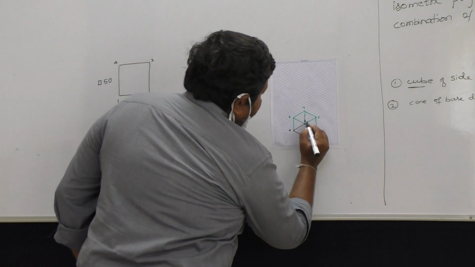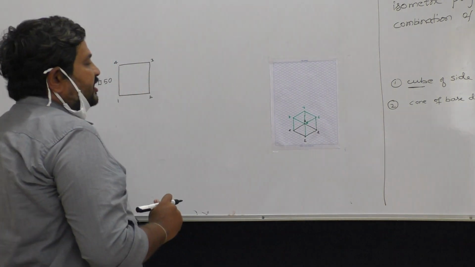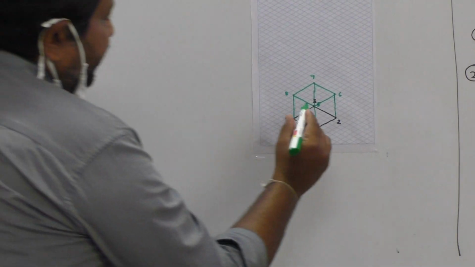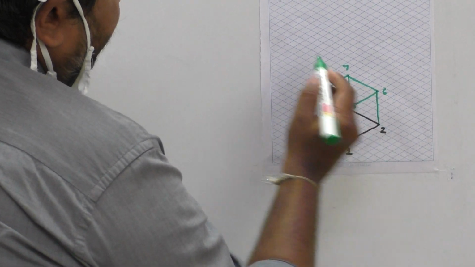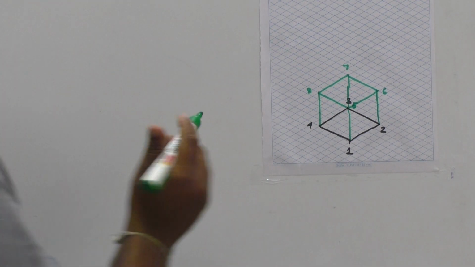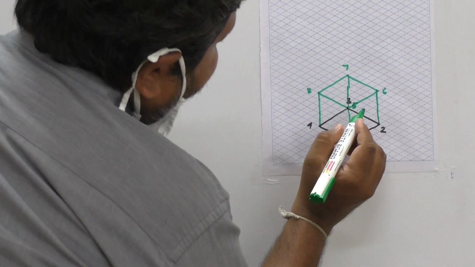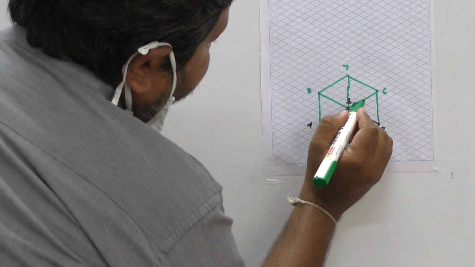Now this 5 to 6 measures 5 units, and I have to locate the center of each side of the top face. So 5 to 6, 6 to 7, 7 to 8 and 8 to 5. Each side measures 50 millimeters and the center will be at 25 millimeters, that means 2.5 units.